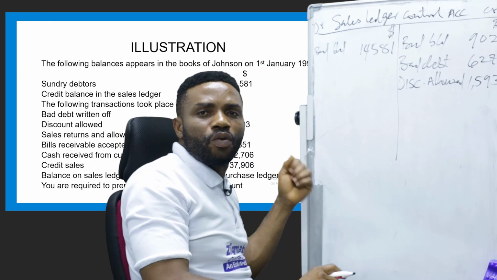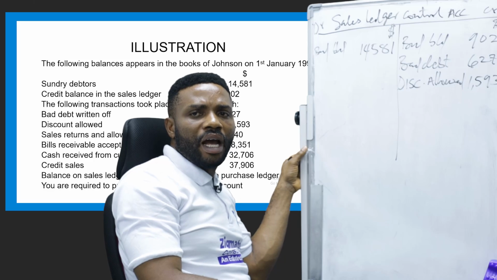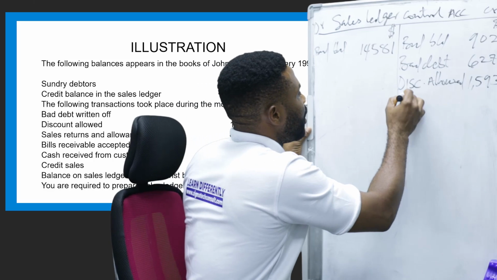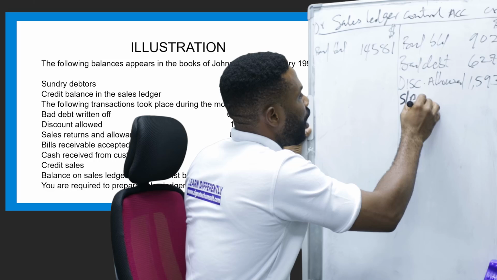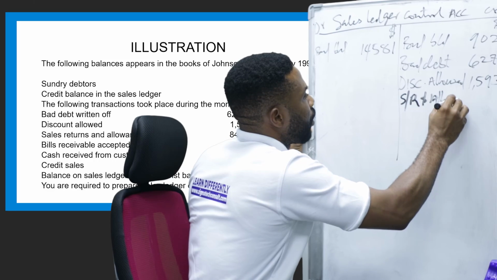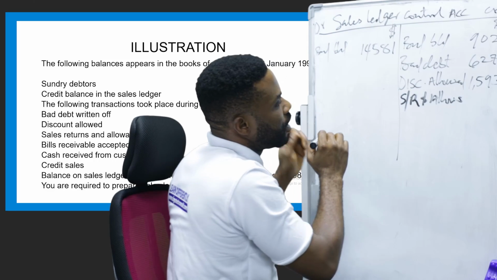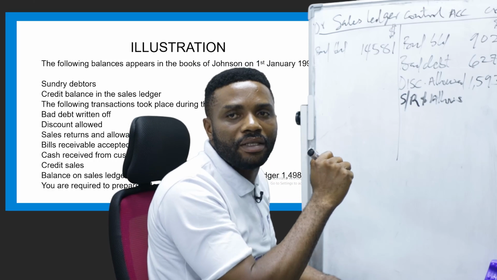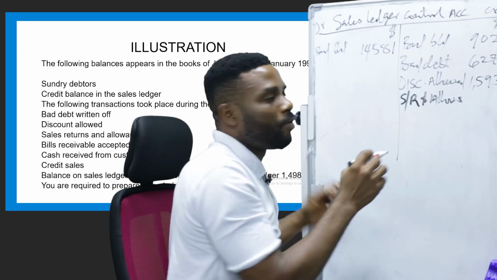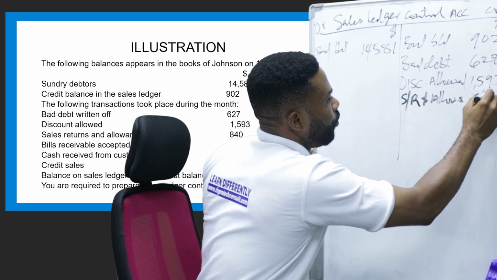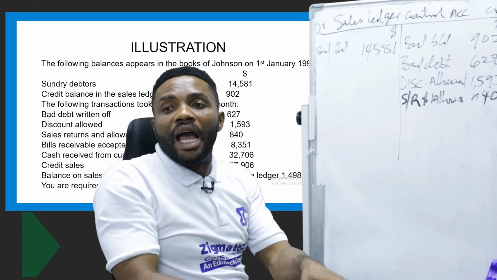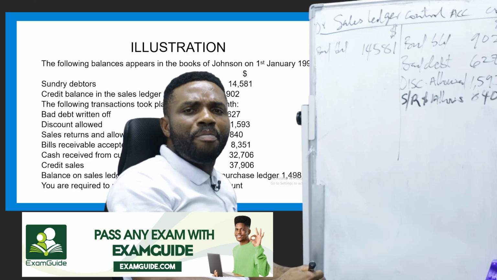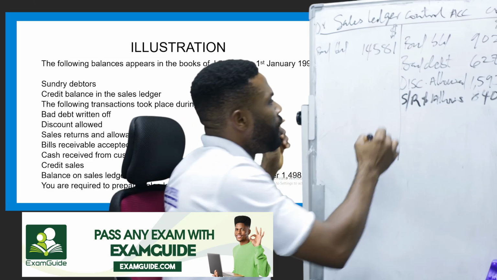The next one is sales returns and allowance. Sales return, and allowance. How much is that? It's 840. And then the next one is bills receivable.